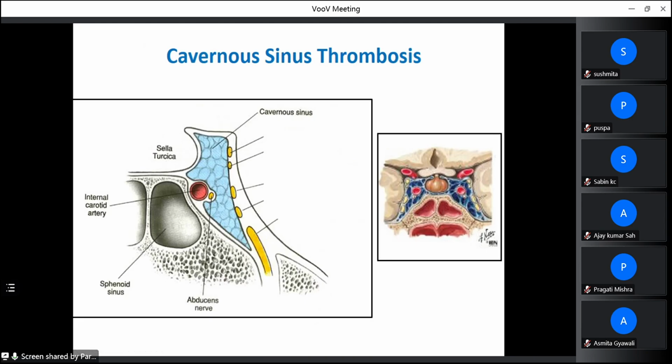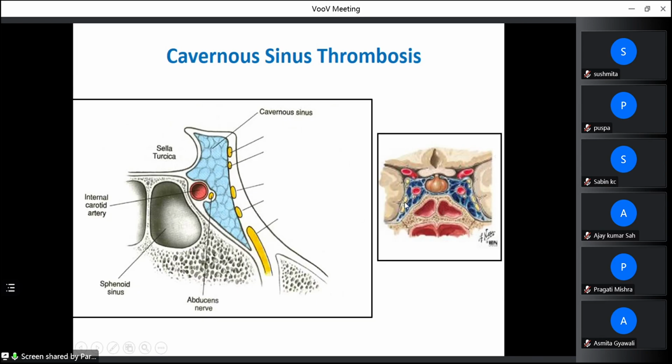Adjacent to the cavernous sinus, there is the internal carotid artery, the abducent nerve, the maxillary and mandibular divisions of the trigeminal nerve, as well as the third cranial nerve, oculomotor, and the trochlear nerve. So all of these nerves can get infected, and the function of these nerves will be compromised. There is a bilateral cavernous sinus, with the pituitary gland in the center.